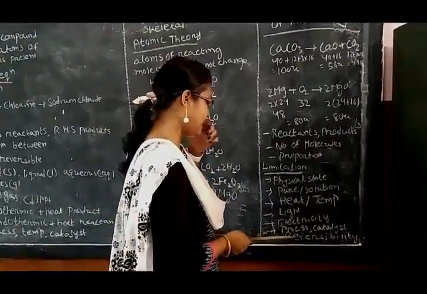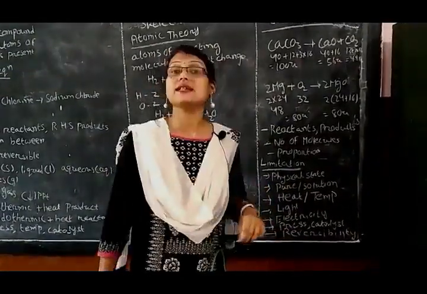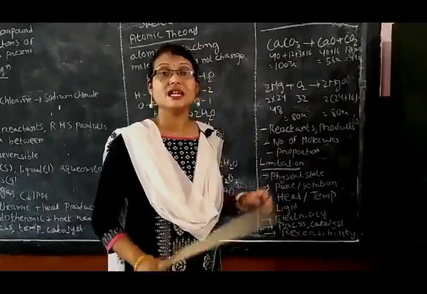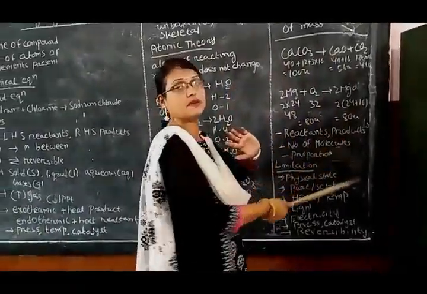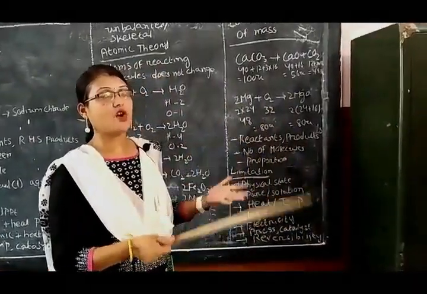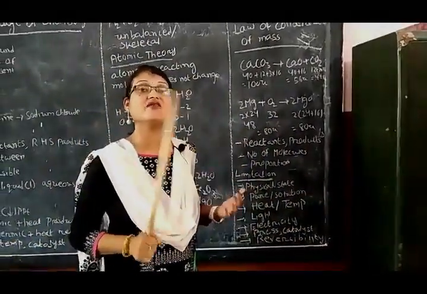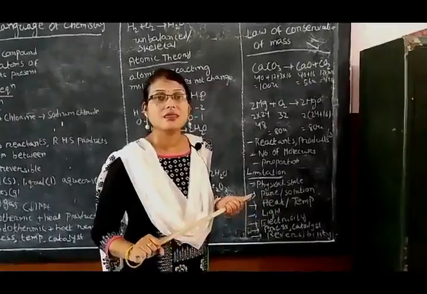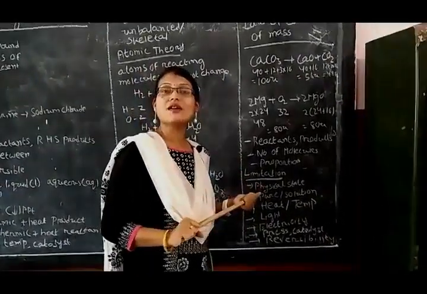Then the last one, that is reversibility. Again, I have discussed, if the reaction is reversible, that means reactants react to give product as well as product reacts to give reactant, then the reversible symbol must be there. That is also one limitation.